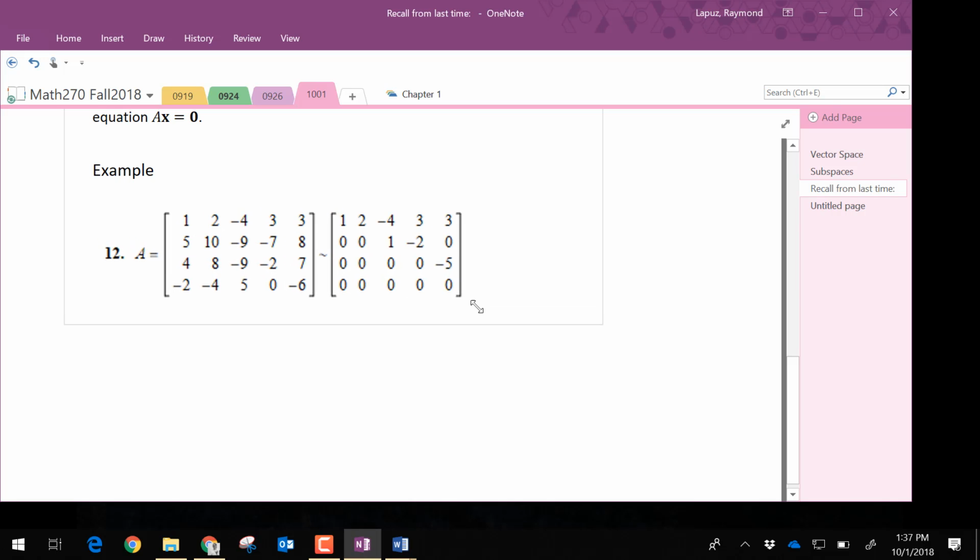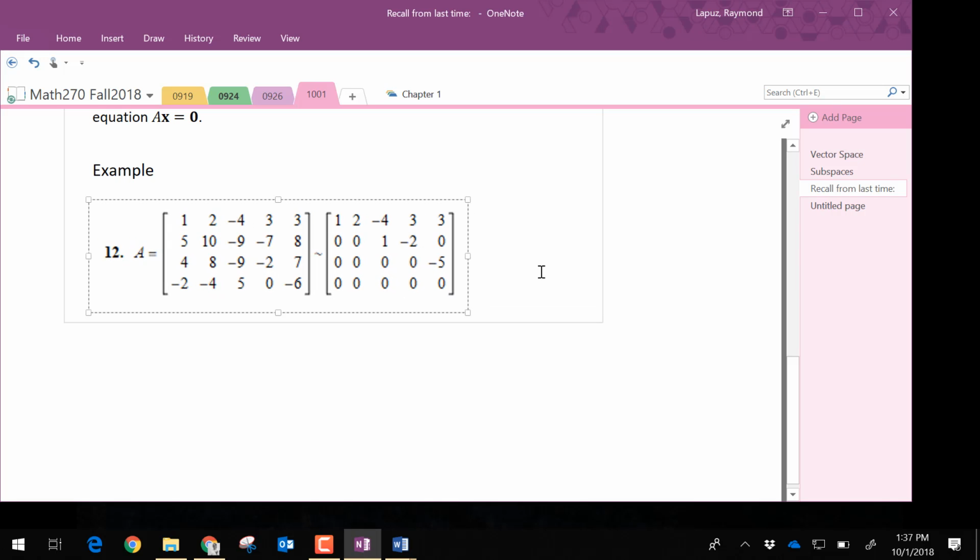I'm not sure, but one of the key things to do, if you have a matrix and you're trying to find the column space, the row space, and then the null space, is to row reduce it. You don't necessarily need to get it in reduced row echelon form, but having it.